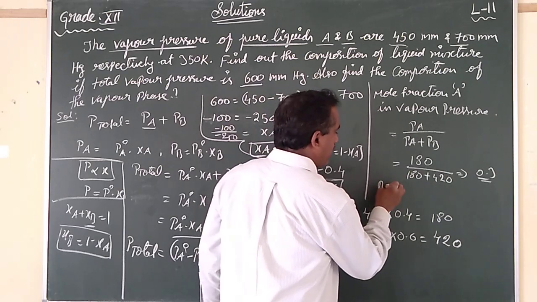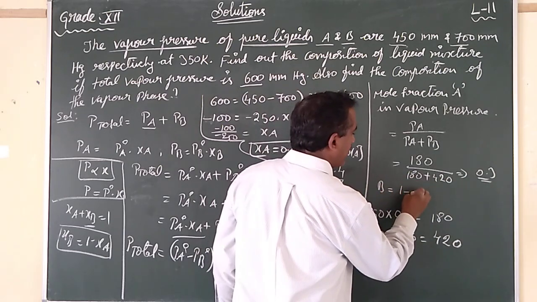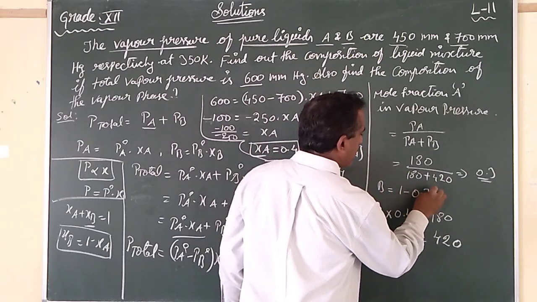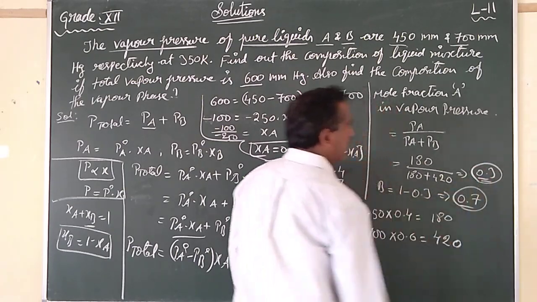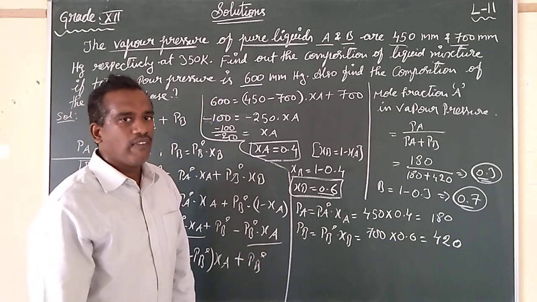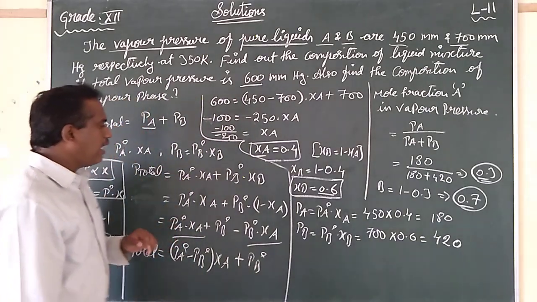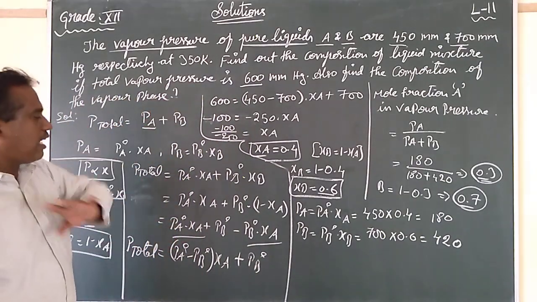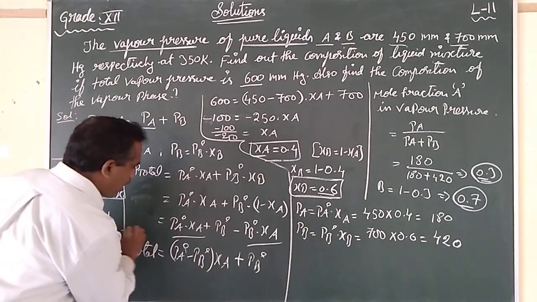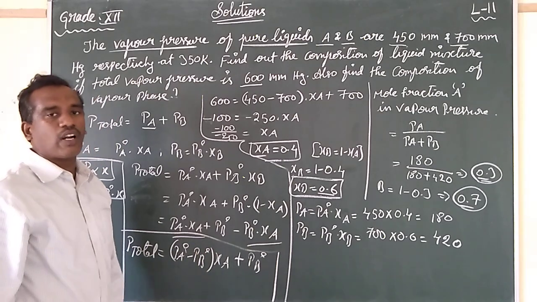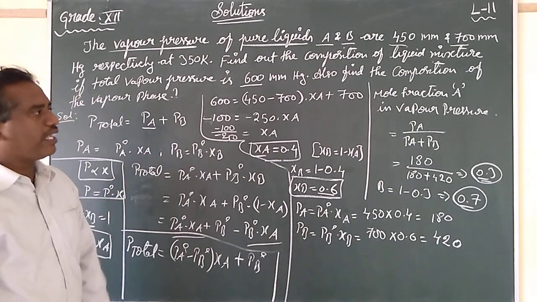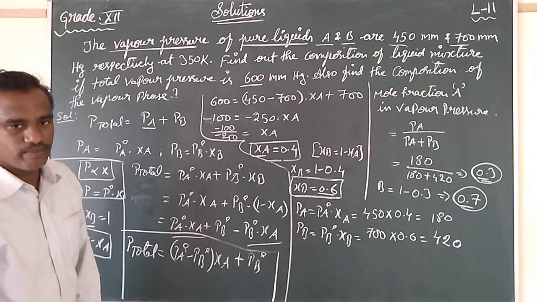The mole fraction of B can be written as 1 minus the mole fraction of A, which is equal to 0.7. So these are the mole fractions in the vapor phase. The only thing is, when the mole fractions are not given, you must remember this formula: the total vapor pressure is dependent upon the mole fraction of one of the components, and we can derive the solution. Thank you.